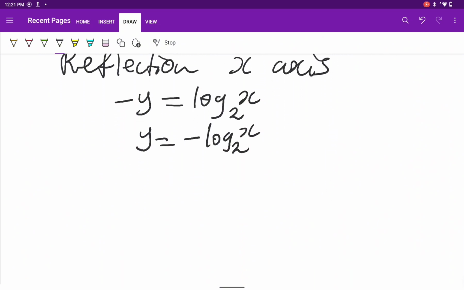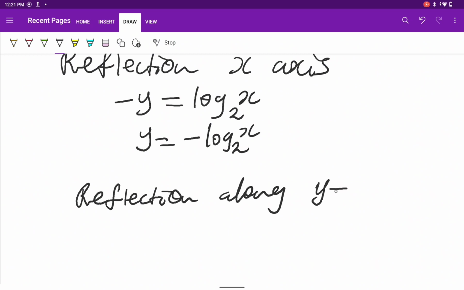And the last one will be the reflection along the line y equals x. Now remember, a reflection along the line y equals x is the same as calculating the inverse.